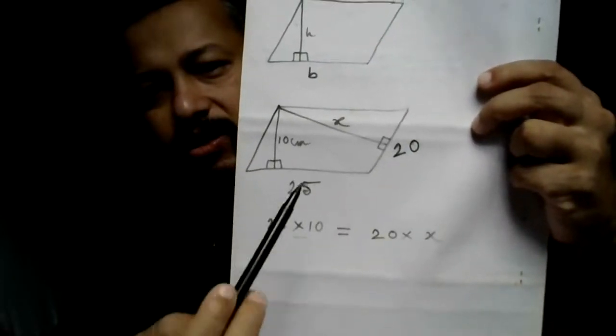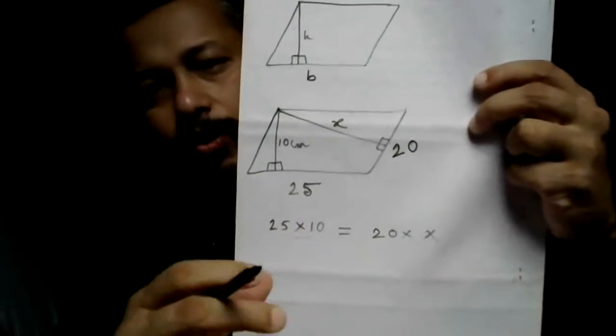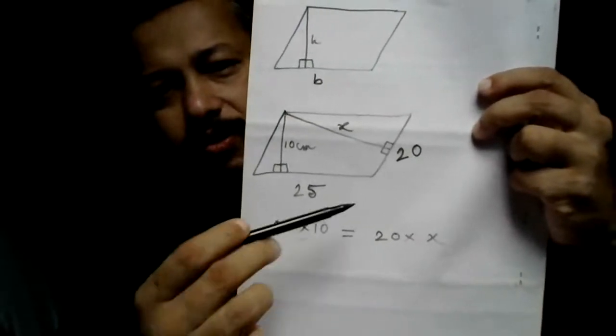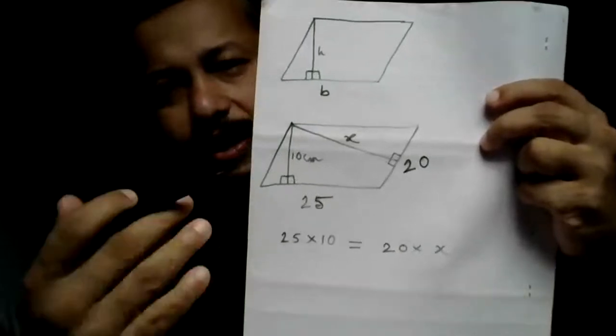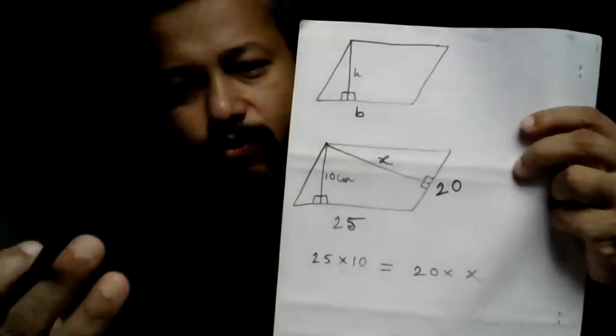Whether you take this base or this base, whichever direction you find, the area will be equal, because it's the same parallelogram. If I measure your height from your leg to head or your head to leg, the things will come same. You understood my point?